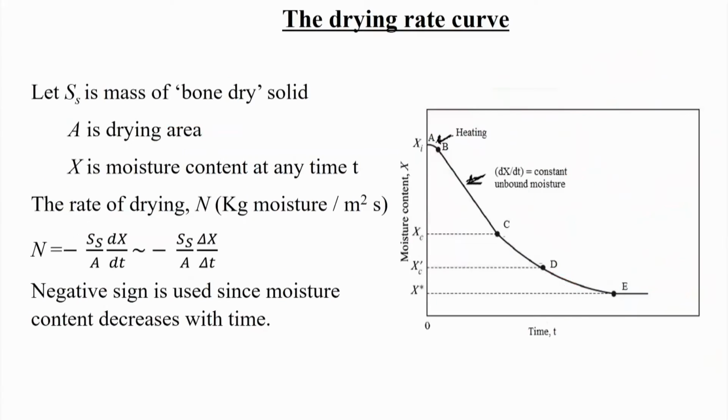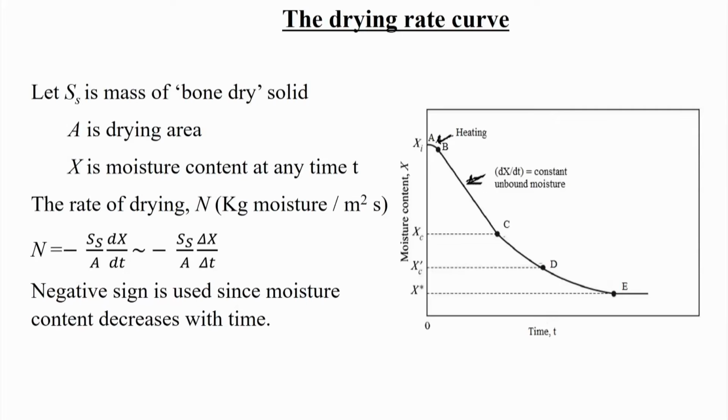Now, let S_s be the mass of the bone dry solid, meaning only the dry solid amount, and A is the drying area, that is the top surface. I told you that in a constant drying condition, A should not vary, but in reality A will go on decreasing.